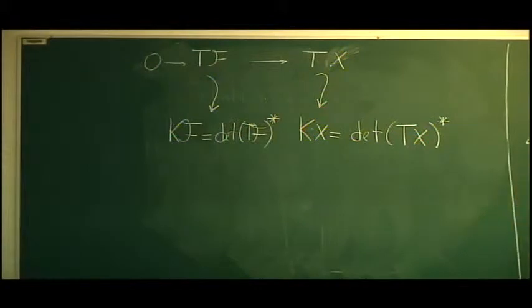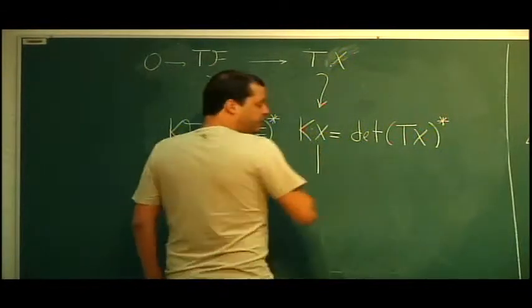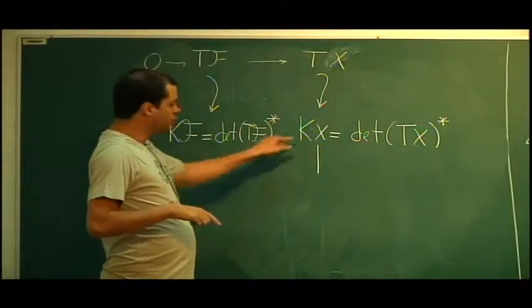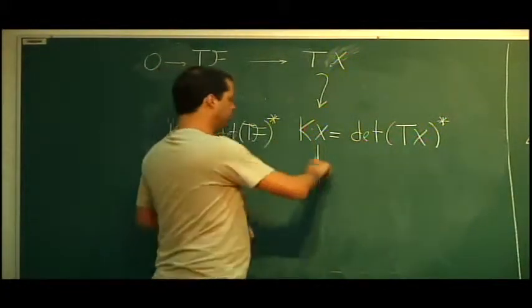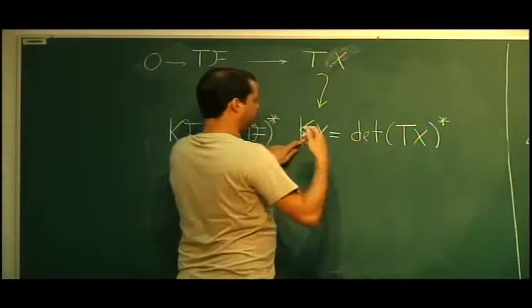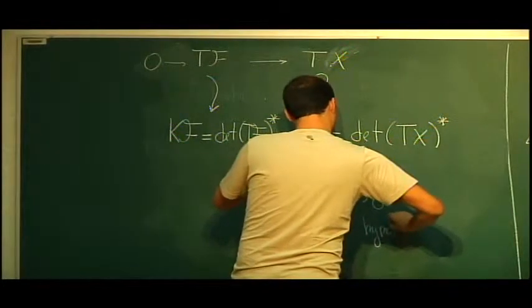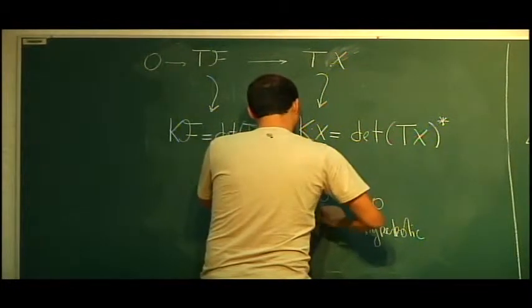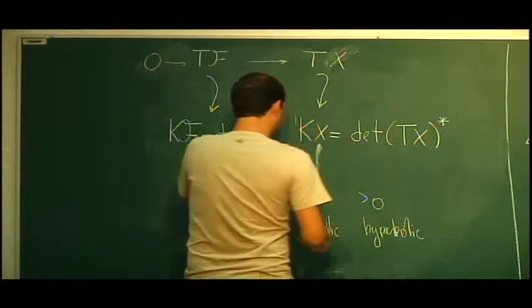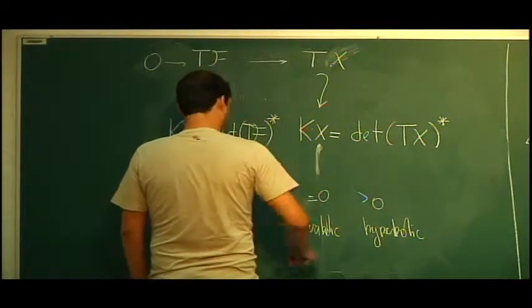And a lot of the birational geometry of our time is trying to predict properties of the variety according to numerical properties of these guys. If we have in mind the example of curves, we know that when this guy is positive, we have a hyperbolic curve. When this guy is 0, we have a parabolic curve. And when this guy is negative, we have the sphere. Let's say torus.